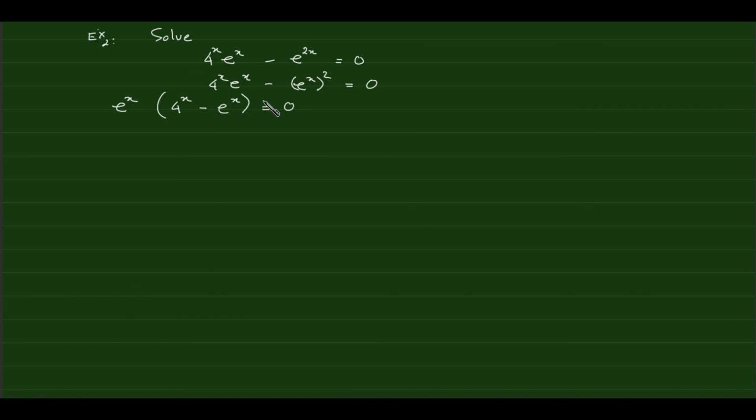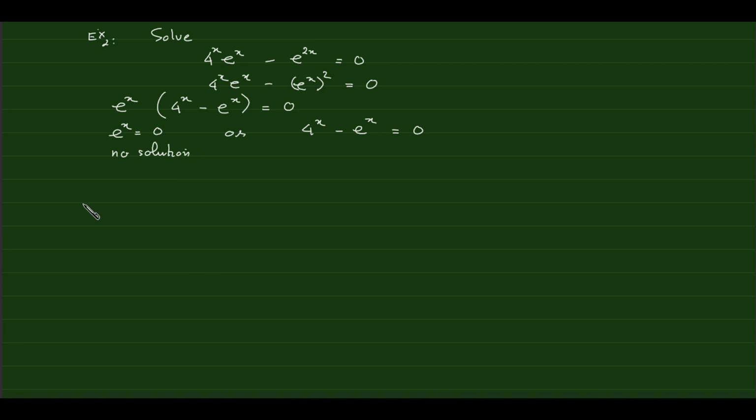There you go. You see that? Now it's in product form. I can go ahead and split it: e to the x equal to 0, or 4 to the x minus e to the x equal to 0. e to the x equal to 0 has no solution here. Why?